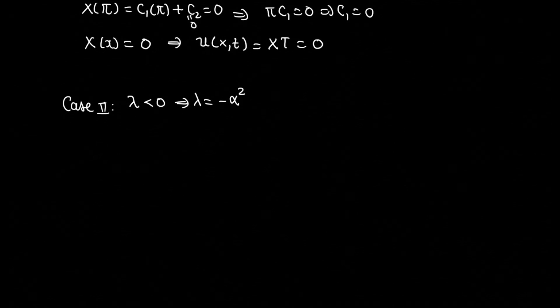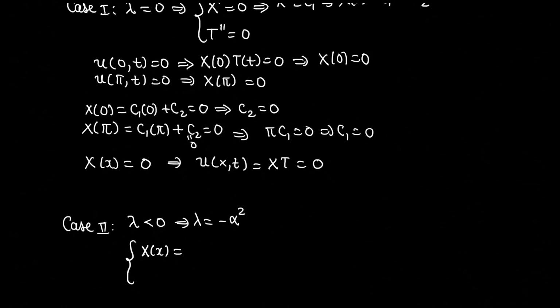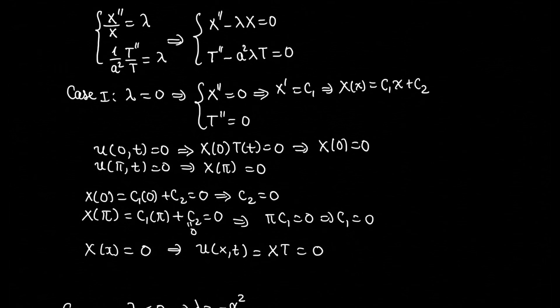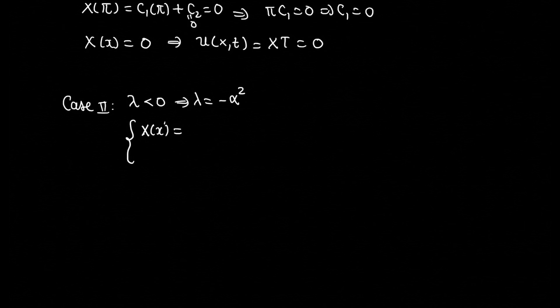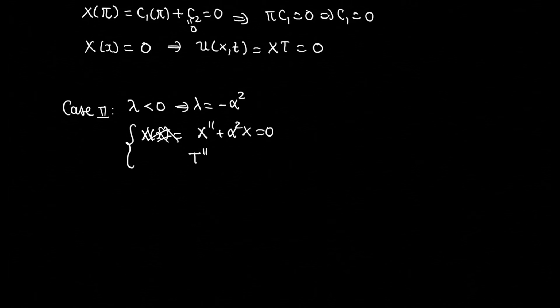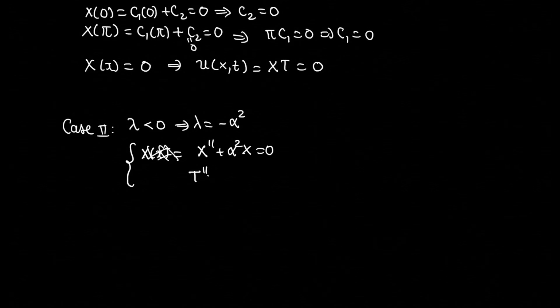Okay, by doing that, let me just isolate. We have the second derivative of X plus alpha squared X equal to 0, and T double prime plus a squared alpha squared T equal to 0.